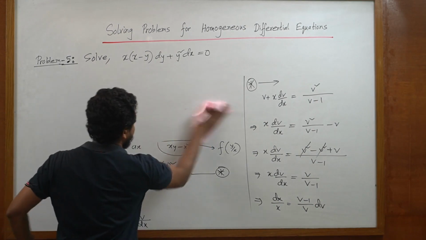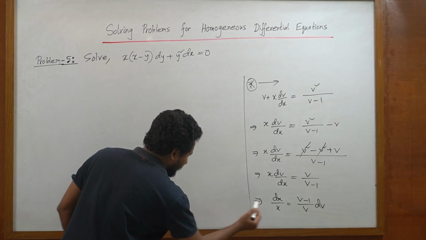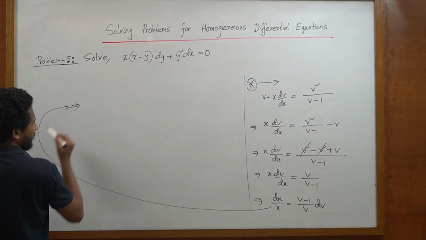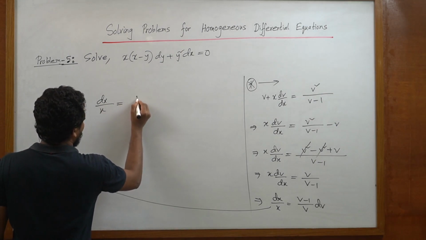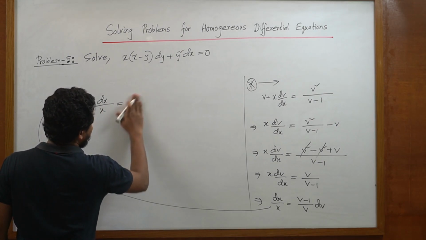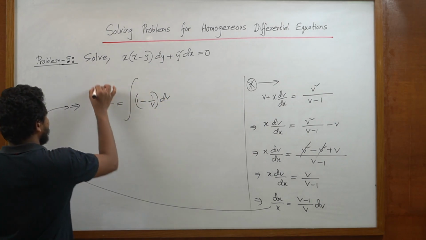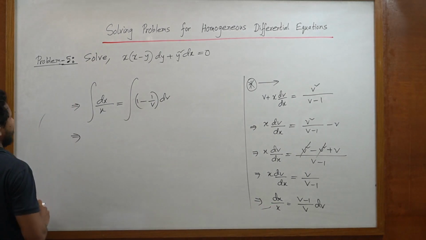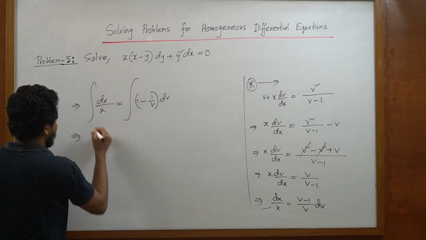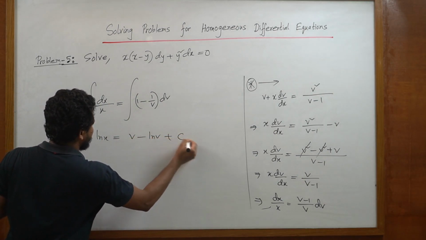Now from this equation we get dx by x equals 1 minus 1 by v dv, and we will integrate both sides. Now we get ln x equals v minus ln v plus c.